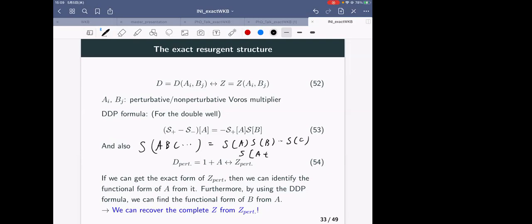Borel summation has this property. So if the Borel summation of each Borel multiplier is defined, then the Borel summation of the partition function is also defined directly.